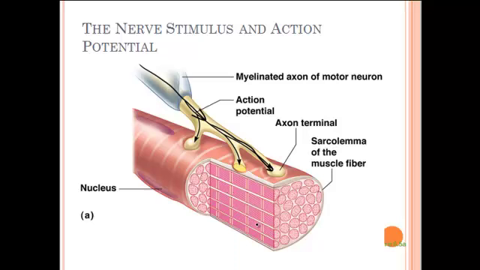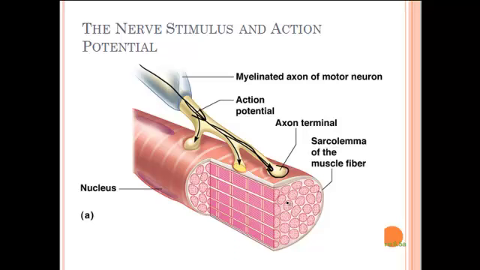That's going to signal the muscle fiber to start to contract. We call this area the axon terminal, where that axon terminates. And it terminates just above the sarcolemma. It's hard to see here, but you have your sarcolemma and you have your axon terminal. That axon never actually touches the sarcolemma. There's this tiny space there.